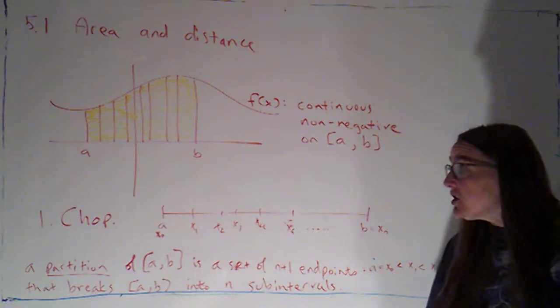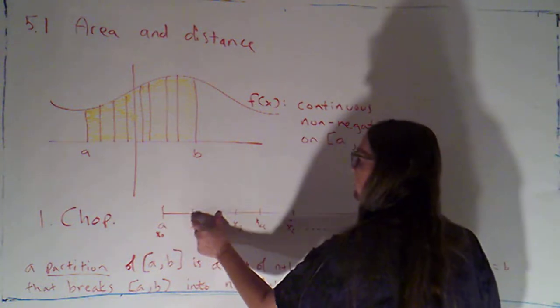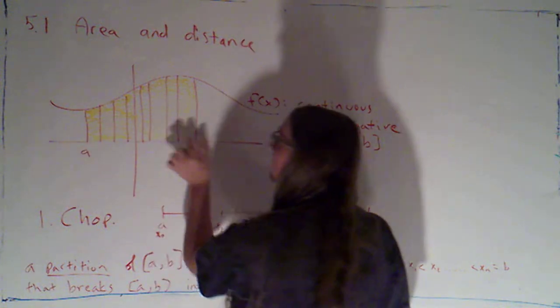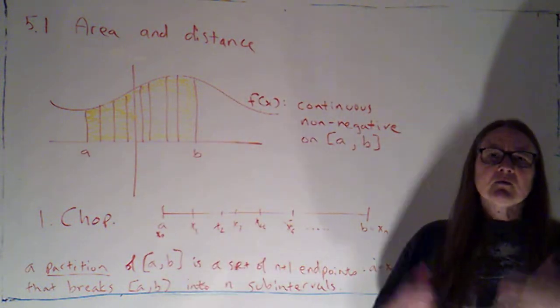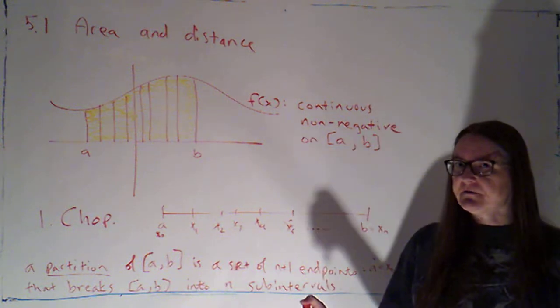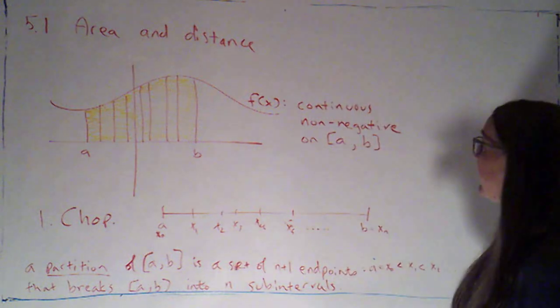Now, strategically, it might make sense to make all of the subintervals have the same length, which would make all of these little strips of area have the same width. What's kind of nice about that is that's just one number to keep track of. That's the length of every single subinterval and the width of every single strip of area.